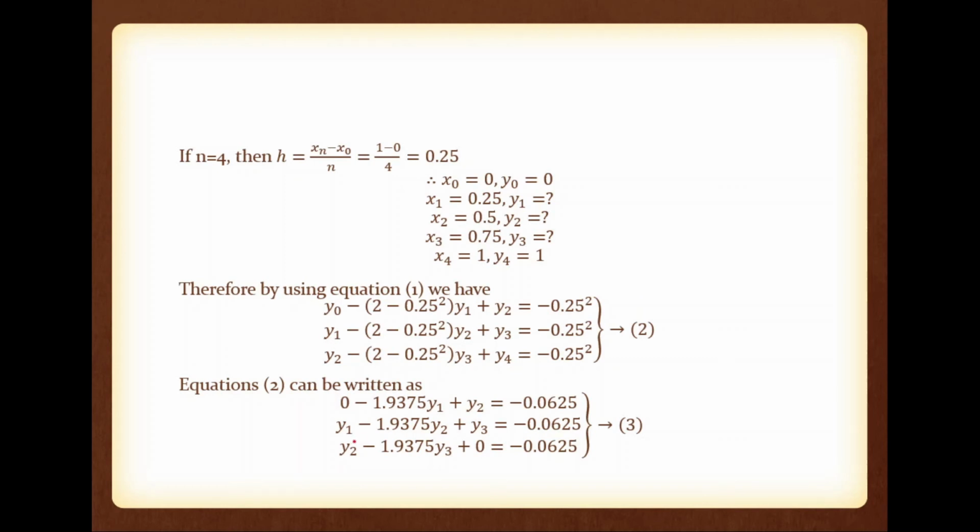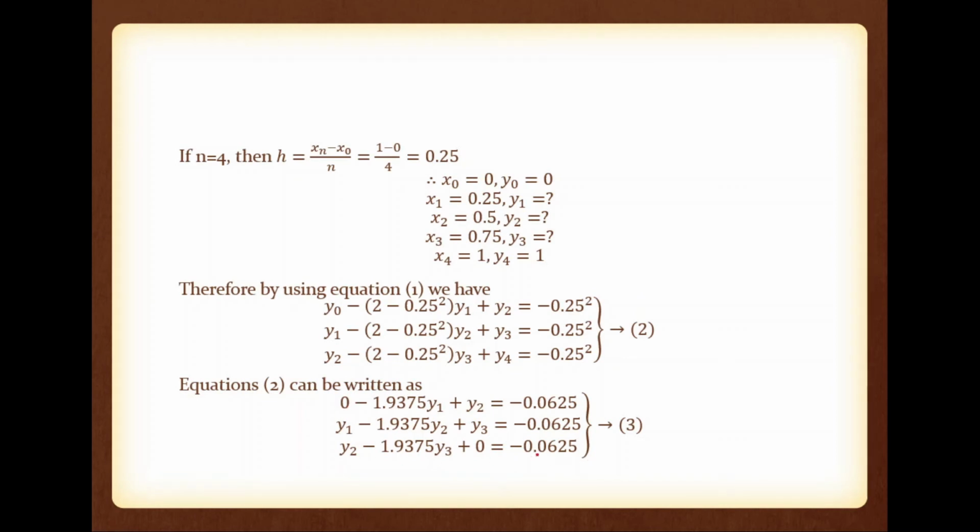The second equation is y1 minus 1.9375 y2 plus y3 equal to minus 0.0625. The last equation is y2 minus 1.9375 y3 plus 0 equal to minus 0.0625.